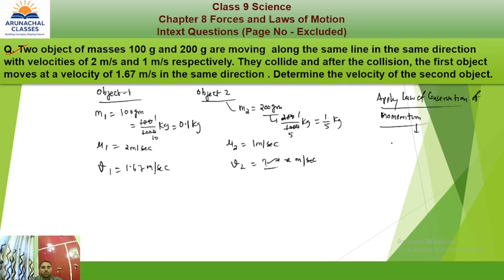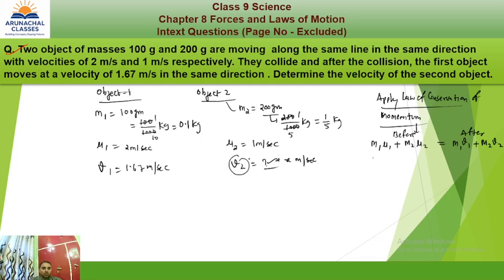The law of conservation of momentum says that the total momentum before collision, m1 u1 plus m2 u2, is equal to the total momentum after collision. After collision the momentum will be m1 v1 plus m2 v2. So we need to put in the values.